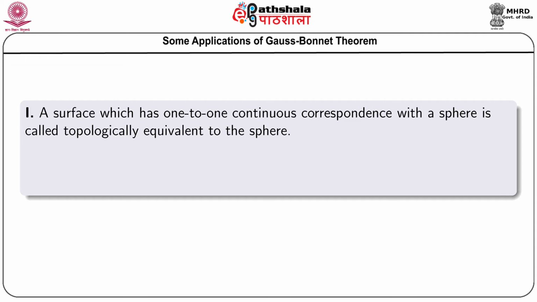Now, just we have mentioned that a surface which has a one-to-one continuous correspondence with the sphere is called topologically equivalent to the sphere.